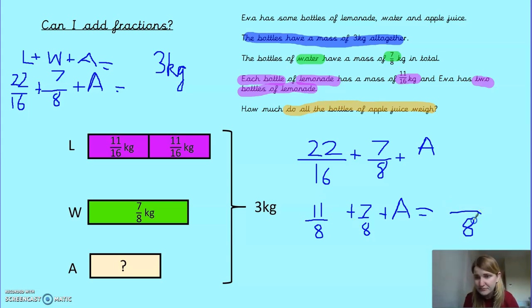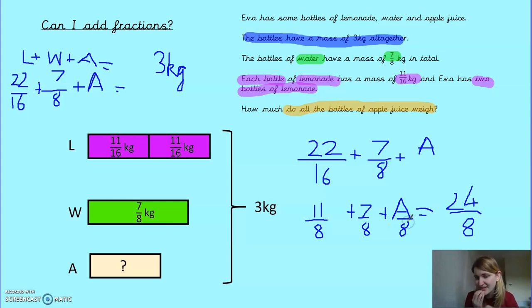If 8/8 are the same as a whole, how many would 3 wholes be? 3 times 8, which would be 24. So I know 11/8, add 7/8, add something equals 24/8.